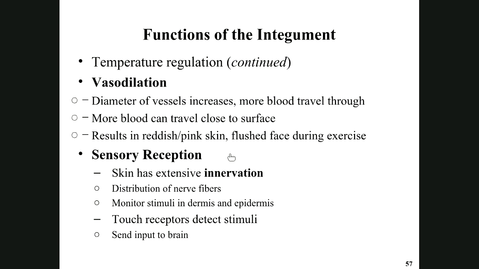Sensory nerve fibers in the skin, which we call sensory receptors, monitor each stimulation in both the dermis and epidermis. The tactile cells or Merkel cells are large, specialized epithelial cells that stimulate a specific sensory nerve ending when they are distorted by fine touch or pressure.